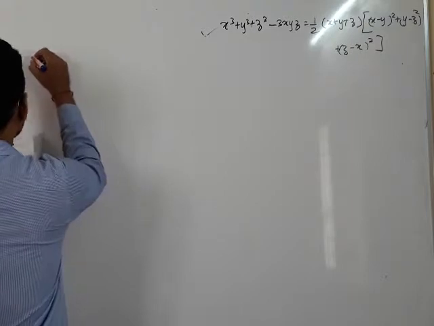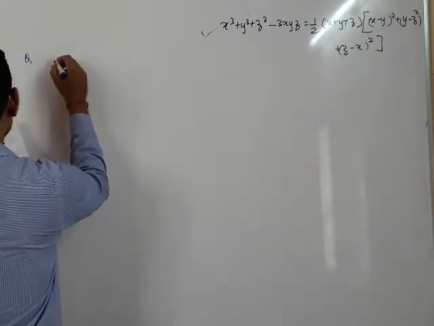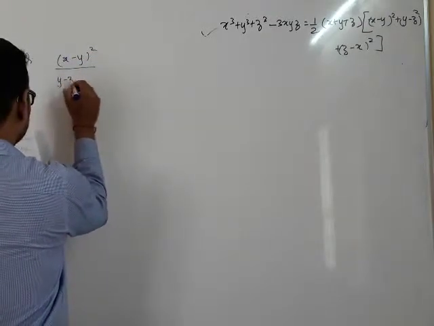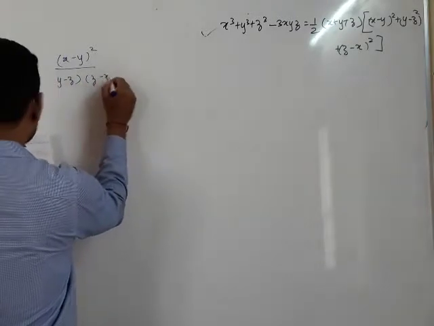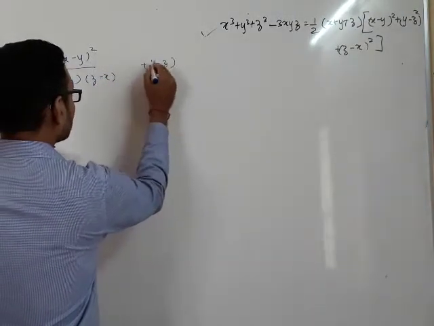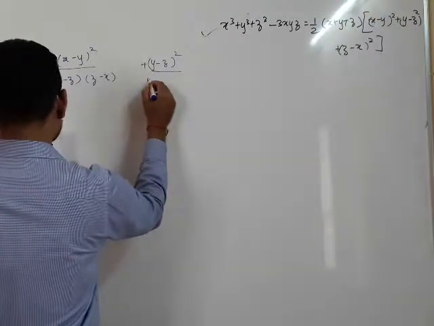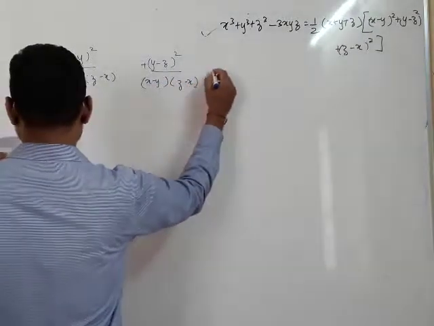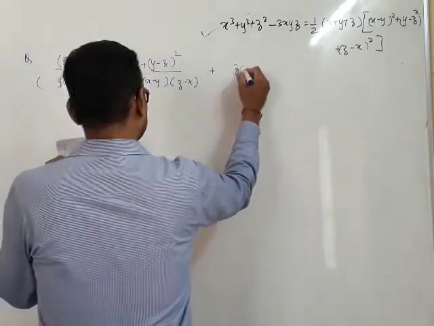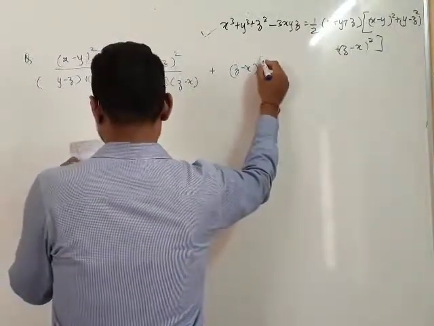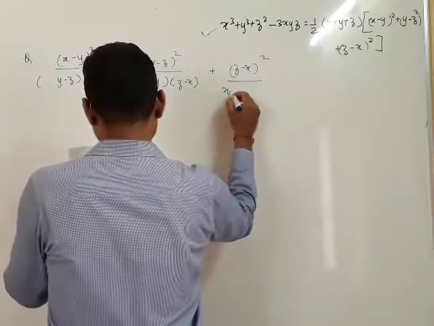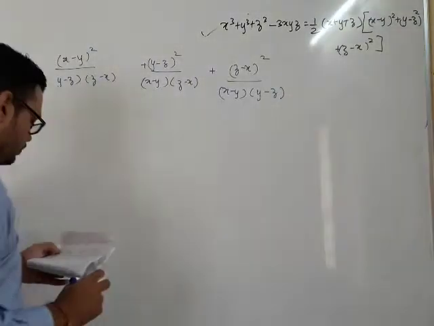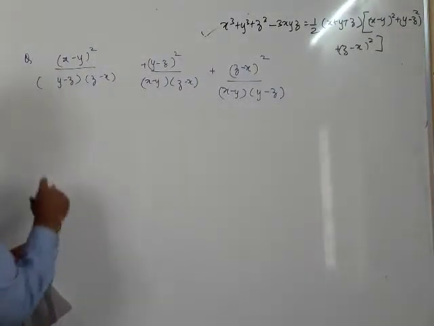Let's see how. x minus y the whole square upon y minus z the whole square upon z minus x the whole square upon... Alright. So the moment you see this, it's nothing else.